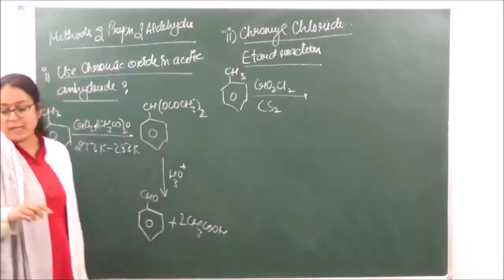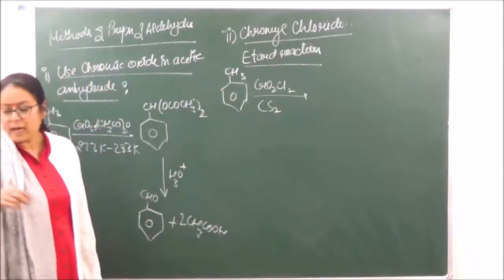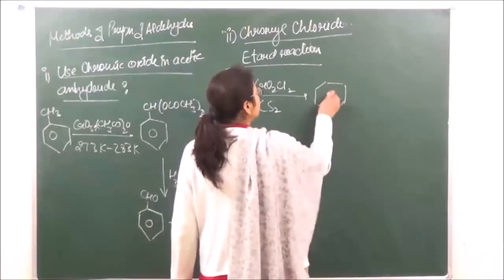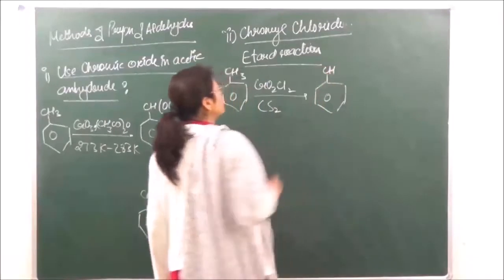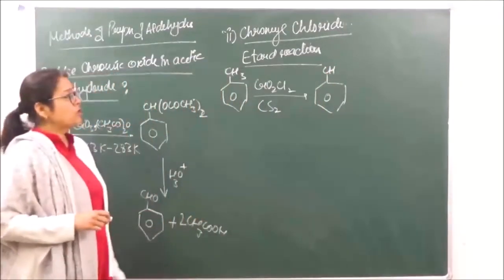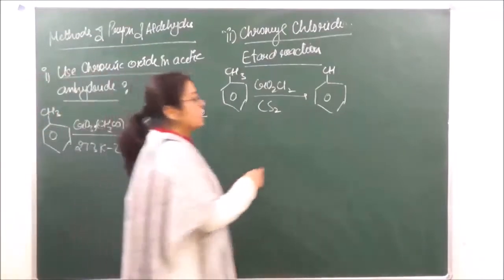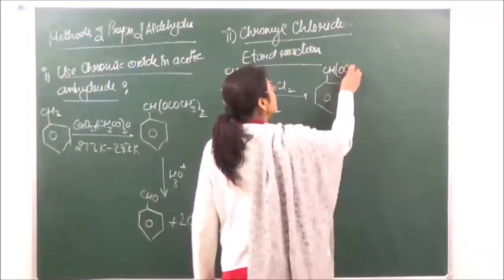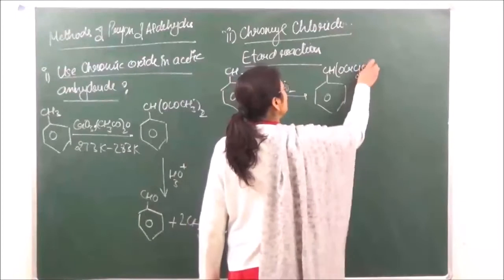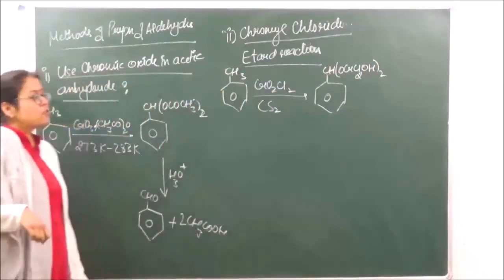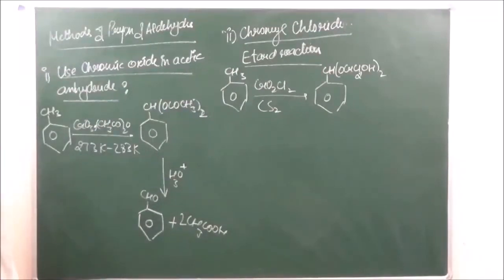Again, it will be seen that two of the hydrogens are going to be substituted to give an unstable intermediate. So we have CH and the two hydrogens are substituted by OCrCl2OH, twice.